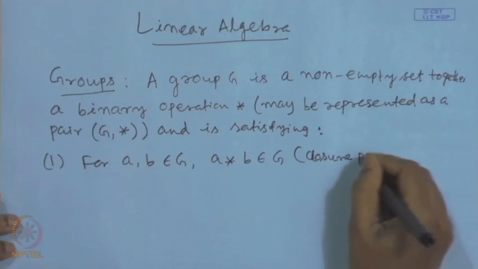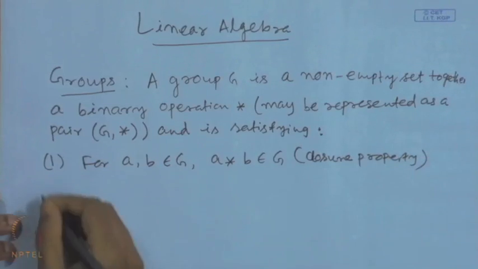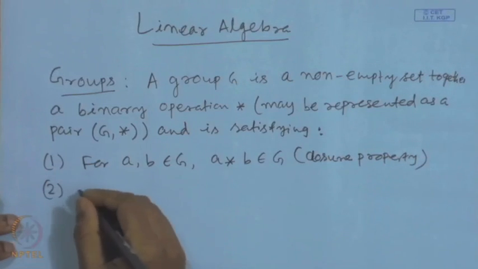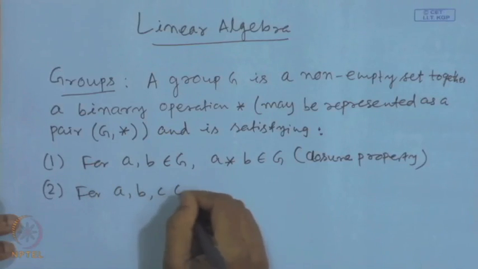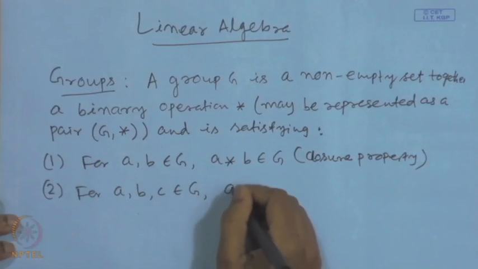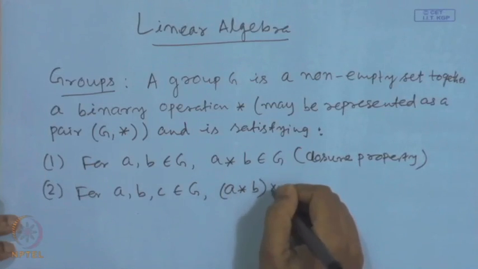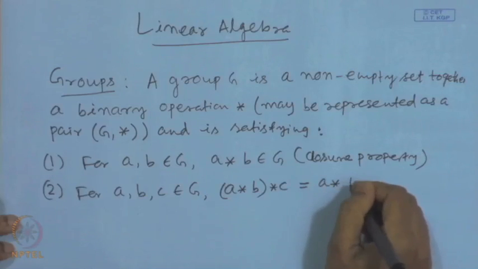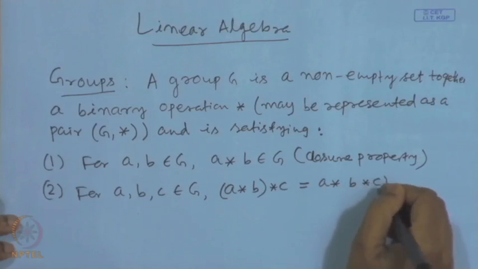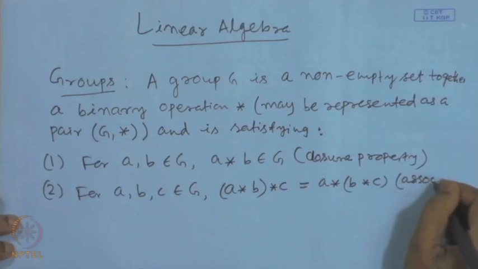Second, for any three elements A, B, C in G, (A star B) star C is equal to A star (B star C). This is called associative.